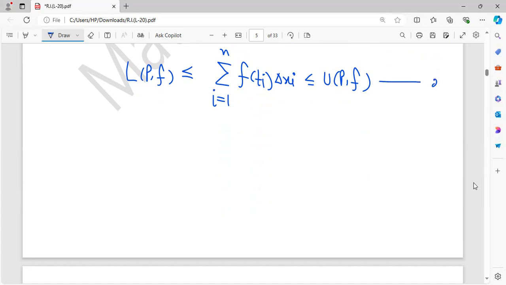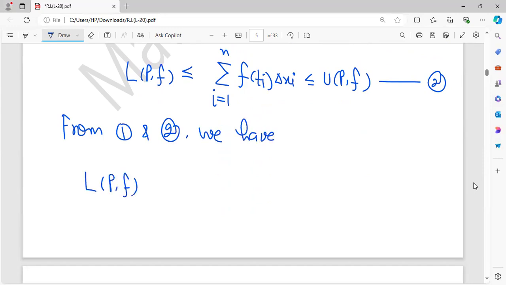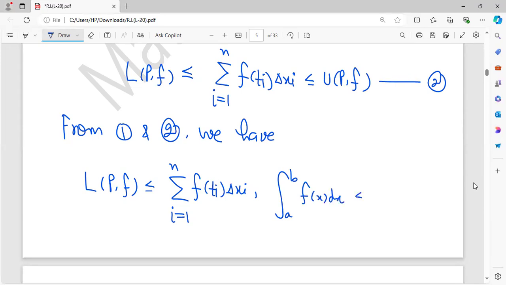So from 1 and 2, the Riemann sum and the Riemann integral from a to b of f(x) dx both lie between L(P,f) and U(P,f). So their difference will be less than or equal to the difference of U(P,f) and L(P,f).